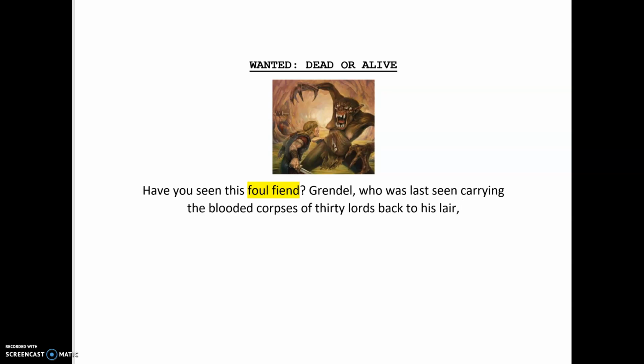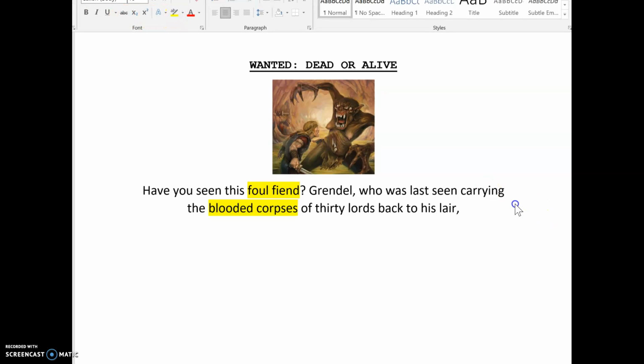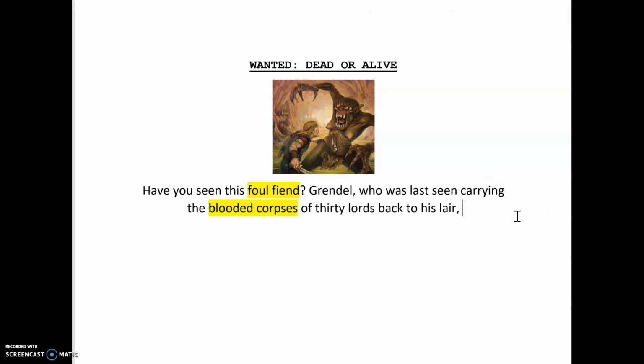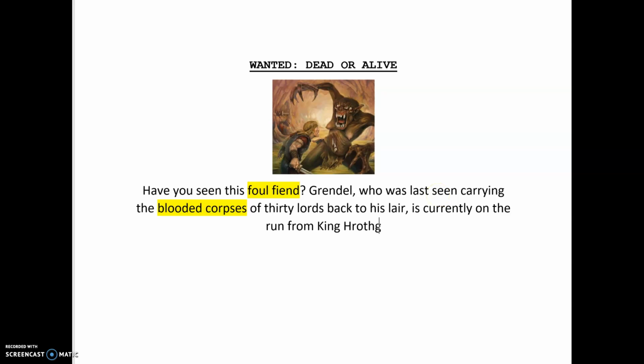So Grendel, who was last seen carrying the bloodied corpses, I got that from the book. I'll give it a little highlight for you to keep reminding you of the 30 lords back to his lair, is currently on the run from King Hrothgar.